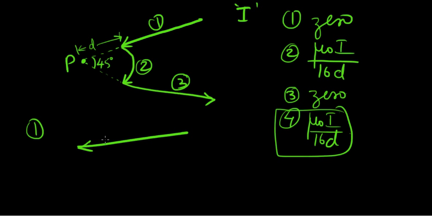So if your right hand is like this, your fingers would go like this, holding the conductor. If you see how your fingers are curled around the conductor, they're coming out of the page in this part of the conductor, and going into the page in that part of the conductor. Do you see that happening?